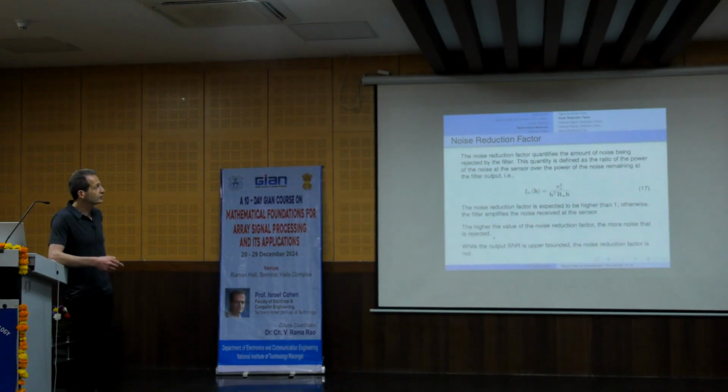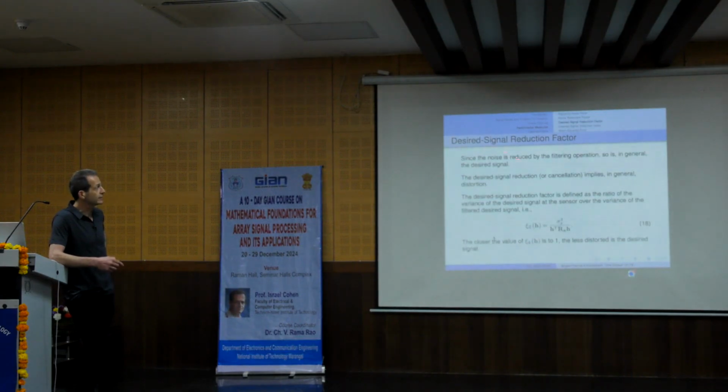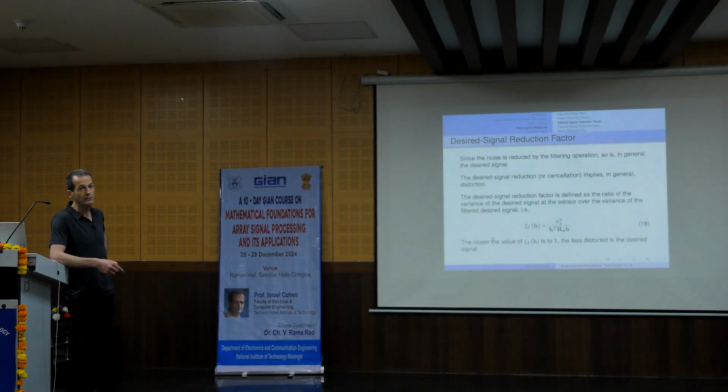We can define also something similar, but instead of the noise reduction factor, the desired signal reduction factor, which means the variance of the desired source at the input divided by the variance of the desired source at the output. Ideally, we want this ratio to be equal to 1, because we don't want to distort or reduce the desired signal.